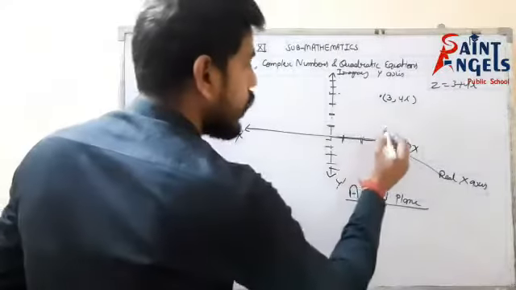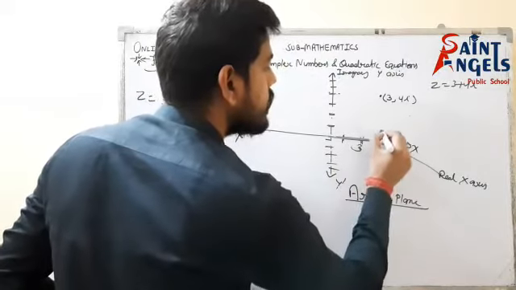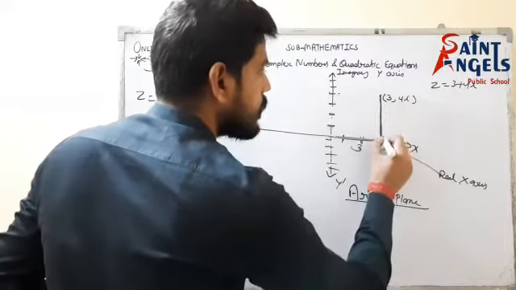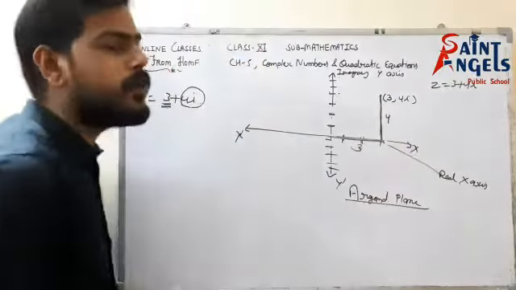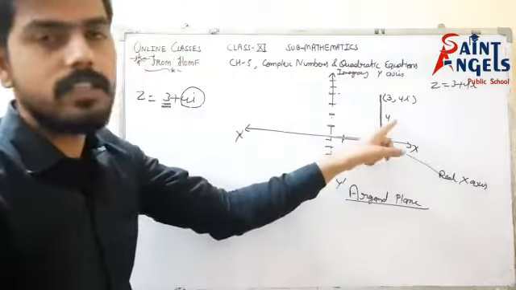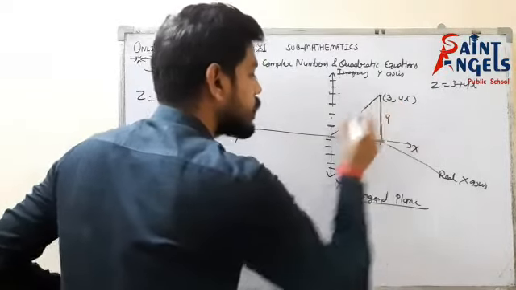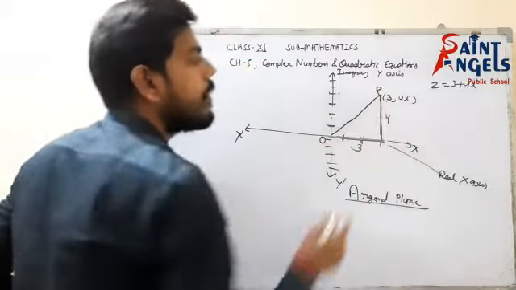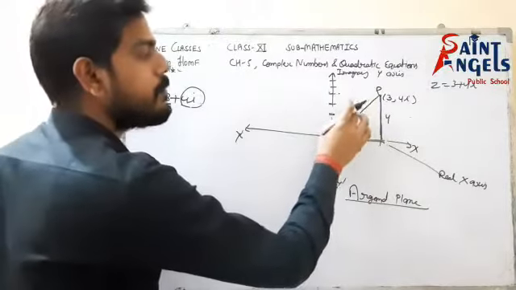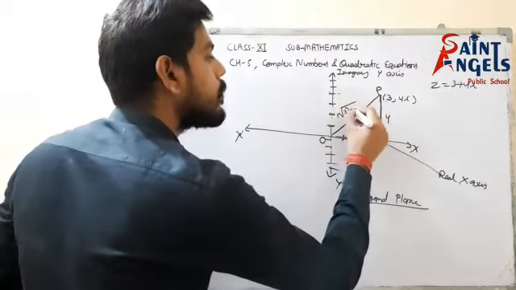So this distance is 3 and this distance is 4. We don't write i here because i is on the y-axis, so we'll just leave it. Now suppose this point is O and this point is P. It's a right angle system, so the hypotenuse would be under root of base square plus perpendicular square, so 3 square plus 4 square.